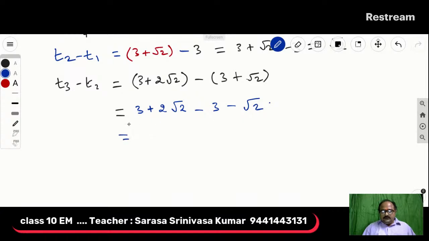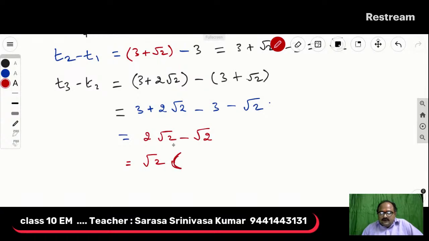So 3 minus 3 is 0, and 2 root 2 minus root 2, square root of 2 is taken as common factor.